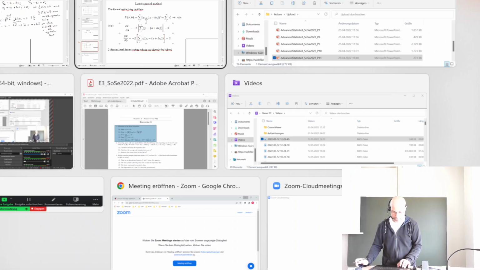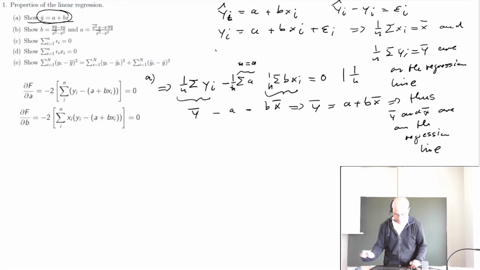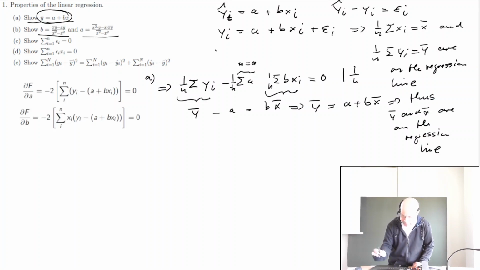What else? Oh, I have it here. Then, yeah, I think this I have shown already when we were deriving a and b from the first order conditions.